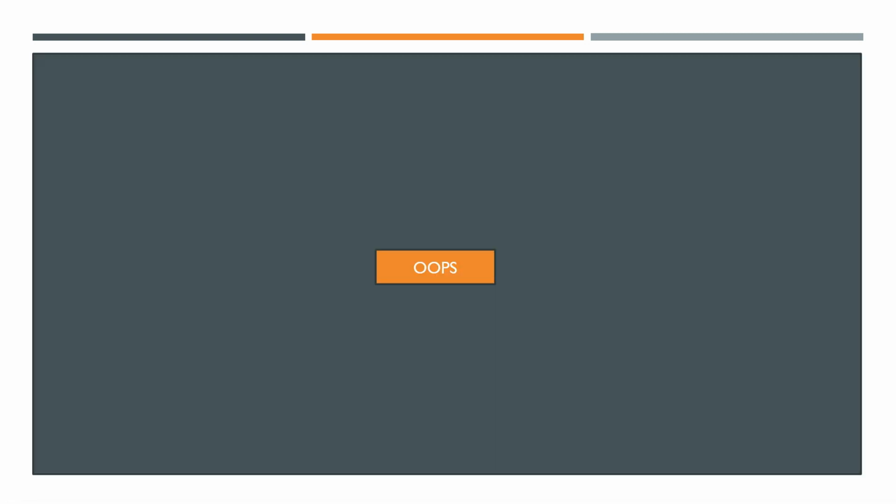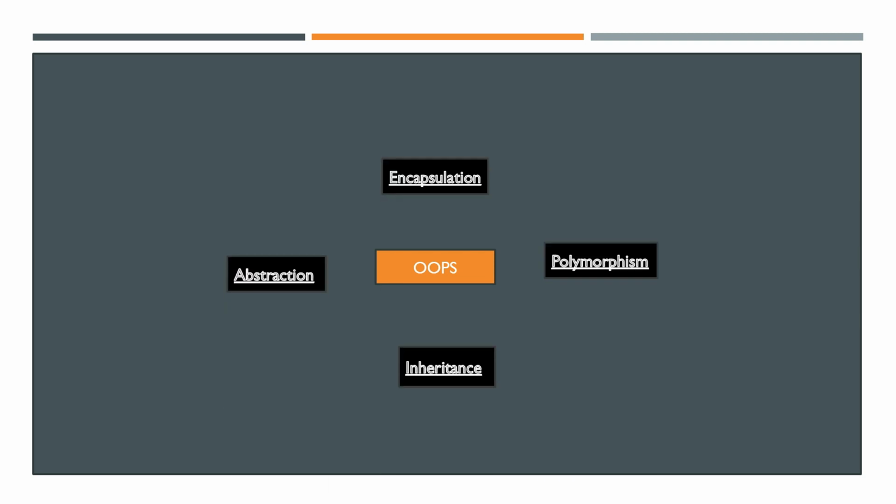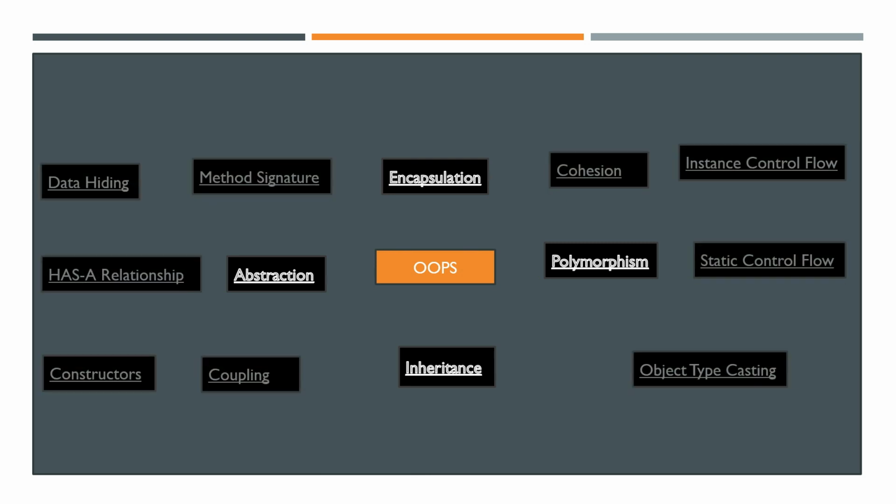In the OOPS concept, our agenda is to cover these four important heart and soul of the OOPS concept, that is encapsulation, polymorphism, inheritance and abstraction. Apart from these four, there are many other things in the OOPS concept which most of you might not be familiar with.